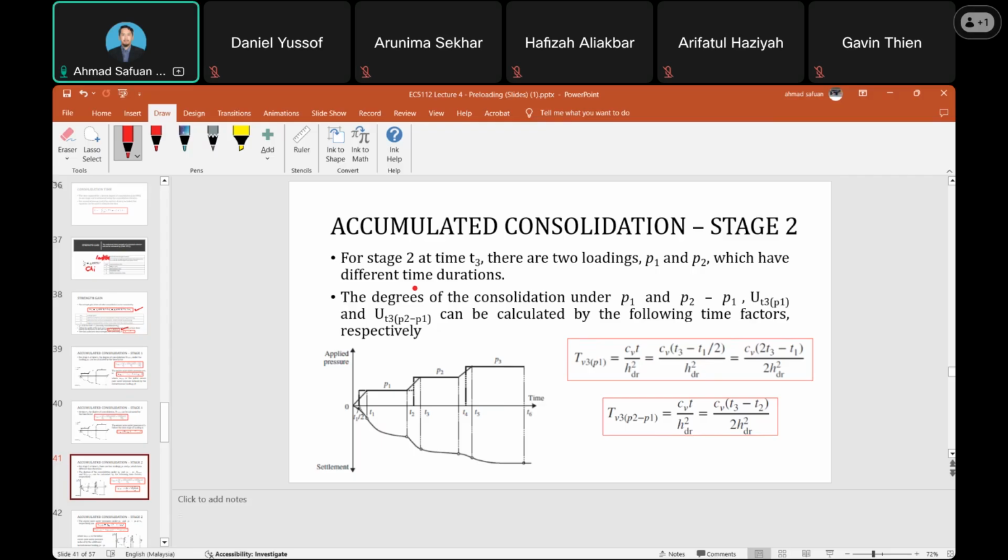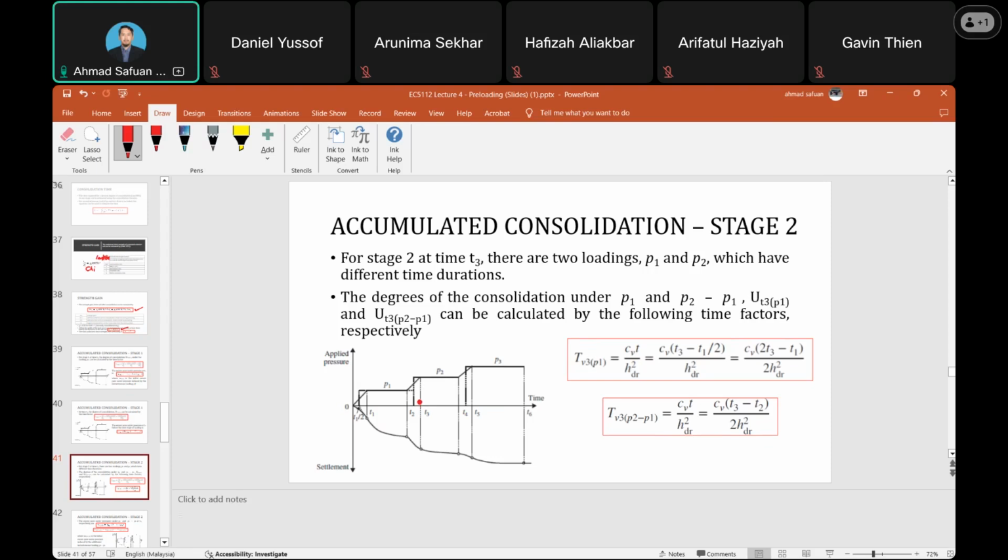Okay. So for the stage, Tv P1 here, the equation involves Cv times T3 minus T1 over 2. Then we obtain Cv 2T3 minus T1 over 2 H_dr squared.